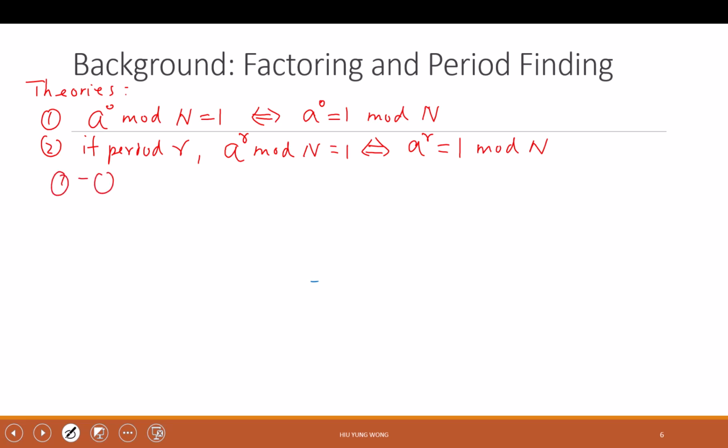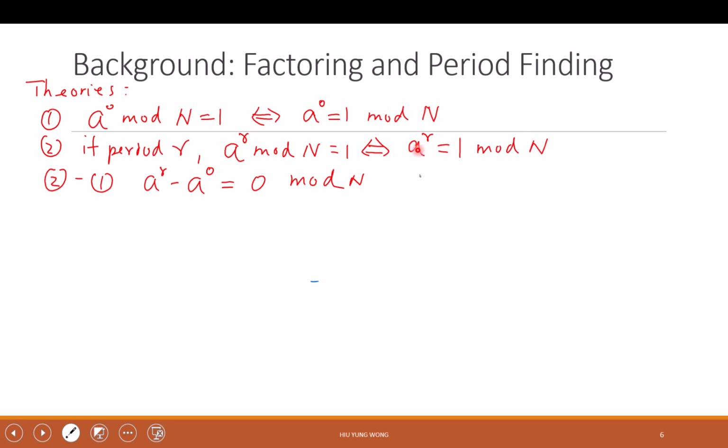if you look at these two equations, right? Maybe 2 minus 1. It becomes a to the power r minus a to the power 0 equals 0, of course, mod n. So you accept it because we did not study the theory, but they do have something very similar to normal algebra.